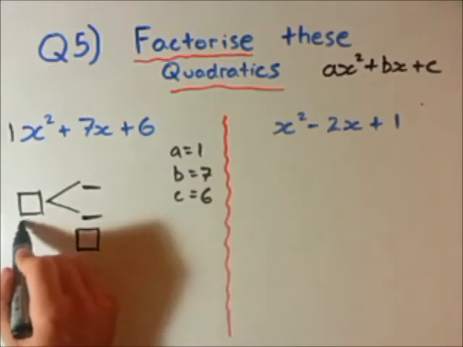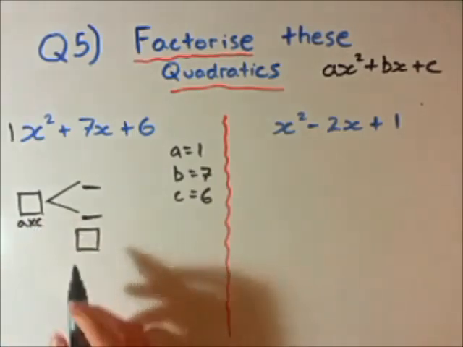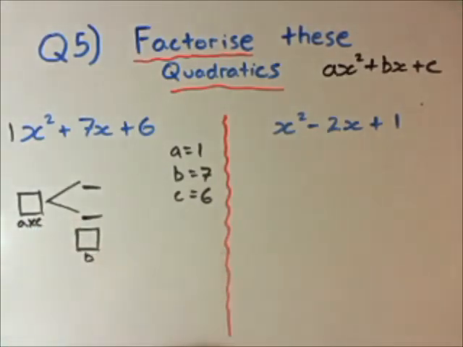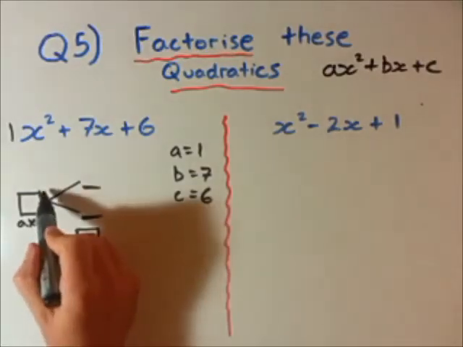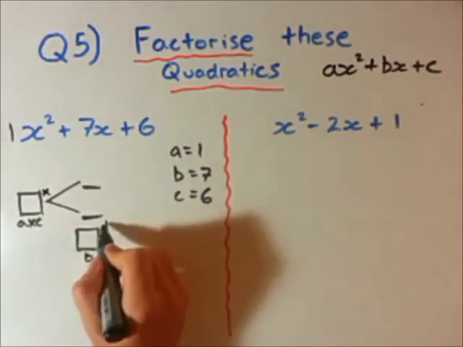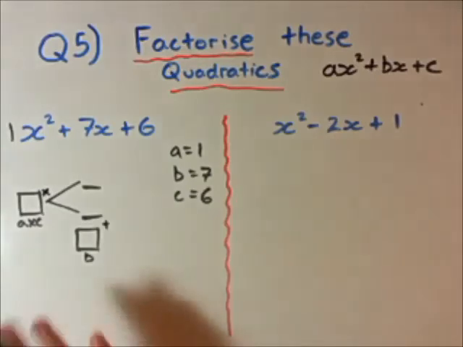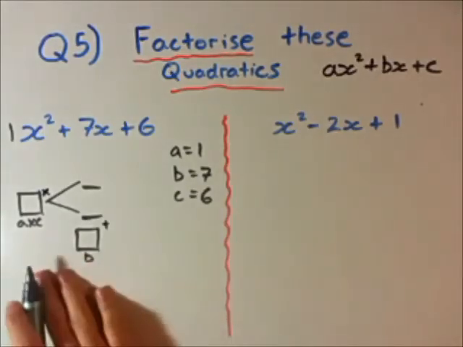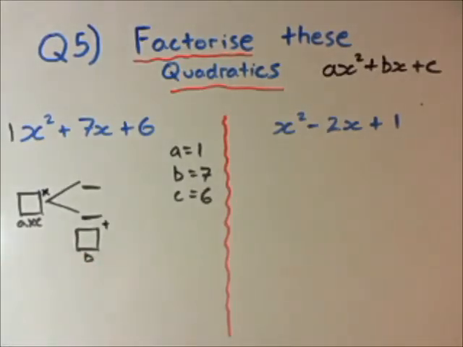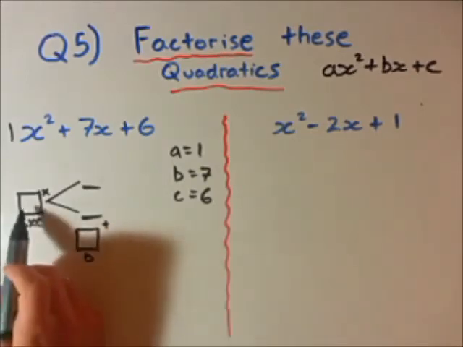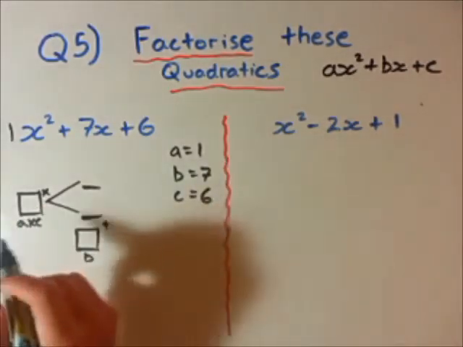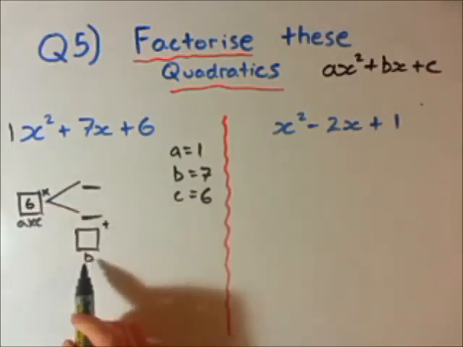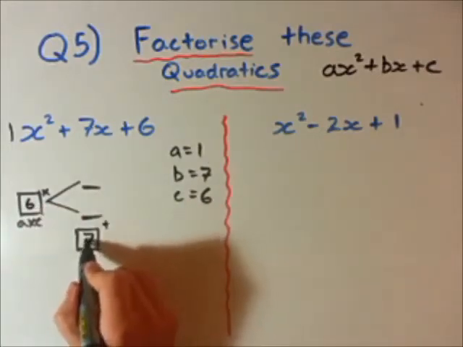Now, this box here on the left will be a times c, and this box here down below will be b. Now, I want you to put a times sign here and an addition sign there. Now, when you're at home, practice this a few times. I want you to commit this to memory. Okay, now let's go put these numbers in the box. We've got a times c, so inside this box will be 1 times 6. And this b here will just be 7.